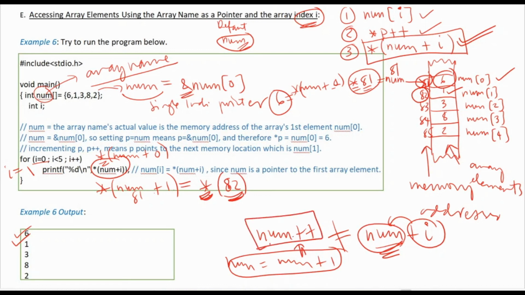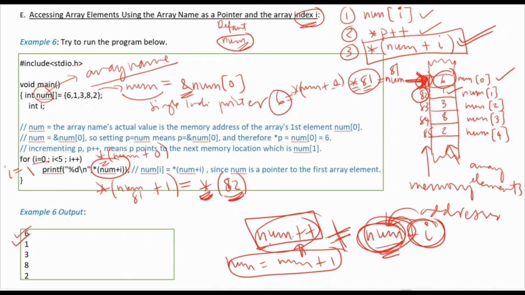So num plus plus or incrementing num is not the same as adding I to num. In here, we change num. In here, we did not change num. So since we did not change num, for the whole execution of the for loop, num is always pointing on the first element. Num is not moving. It is fixed, pointing on the first element, num0.